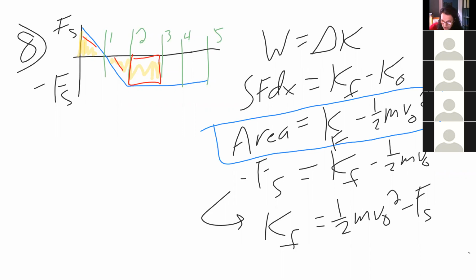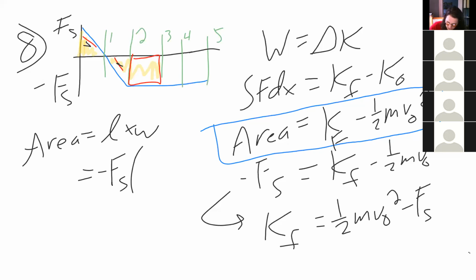As I mentioned, these two triangles are still going to cancel out. So the area will be equal to just length times width. The length will be negative f sub s, and then the width will be x final minus 2.